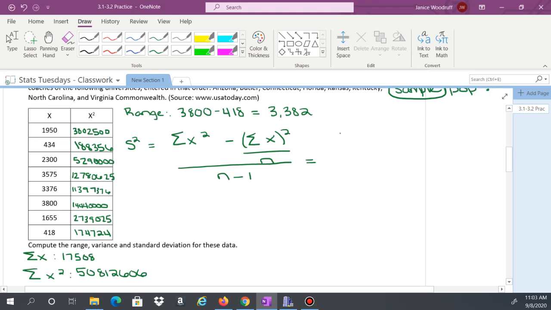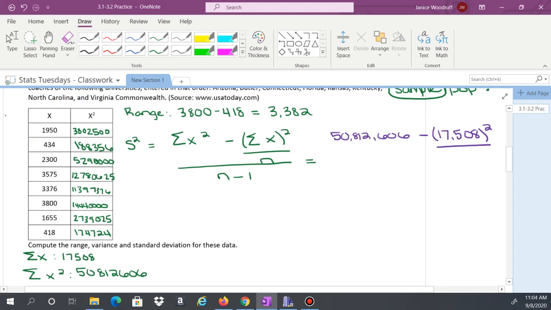So it's going to go up here. 50,812,606 minus, it's going to be the sum of x, so that's 17,508 squared over n, what's my n? 8, yeah, 8 teams.